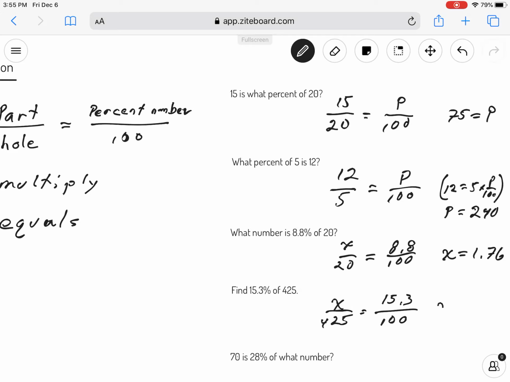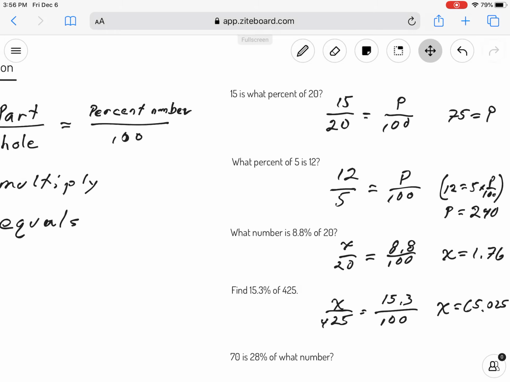We do the multiplication and the division, so I have 15.3 divided by 100 times 425, and I have 65.025.